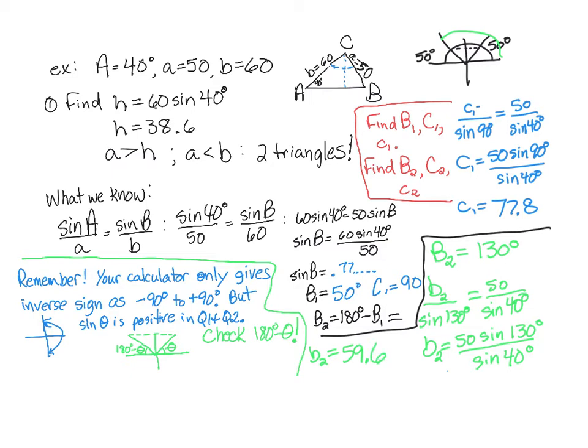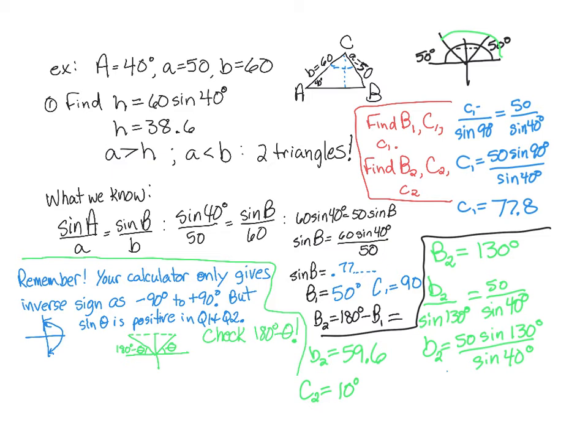And you can't use the Pythagorean theorem, right? Because this is not exactly, remember I used 89 point something on the last one for angle C. Let's see what angle C2 is here. C2, A is 40, B2 was 130, so 130 plus 40 is 170. Angle C2 is 10. Alrighty?